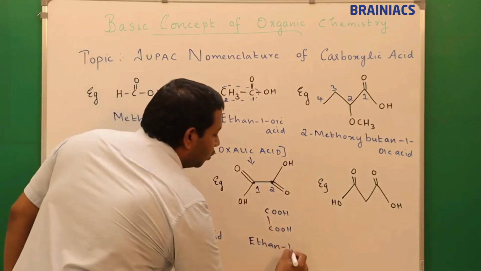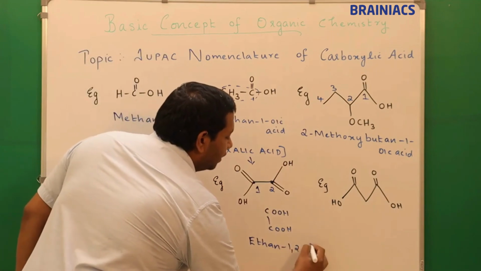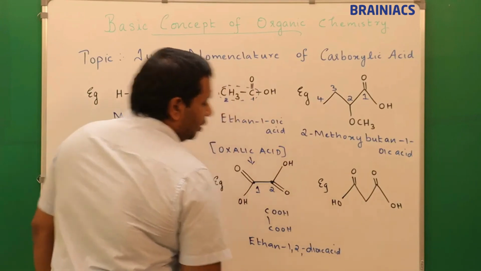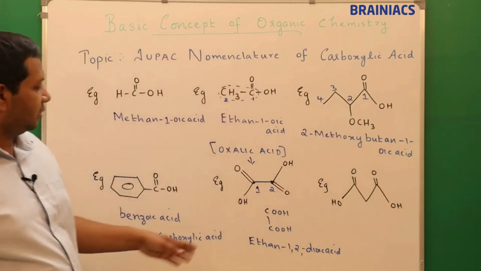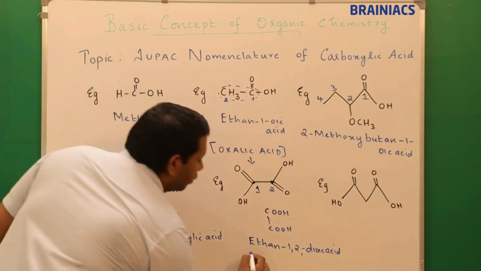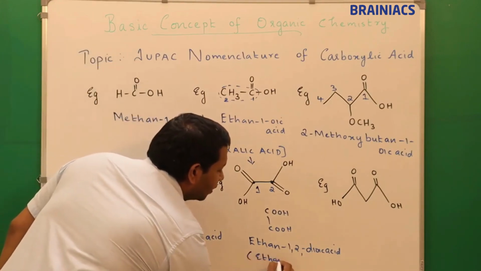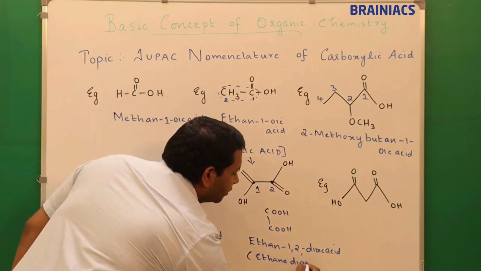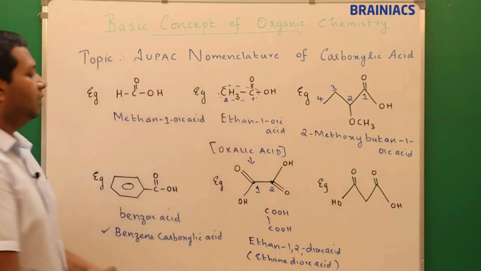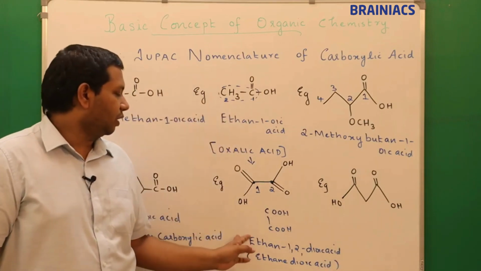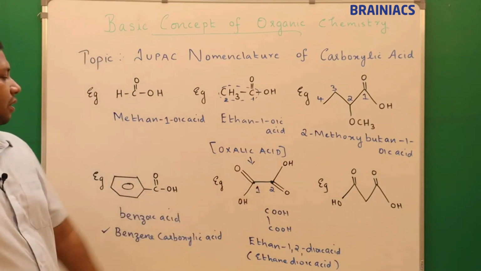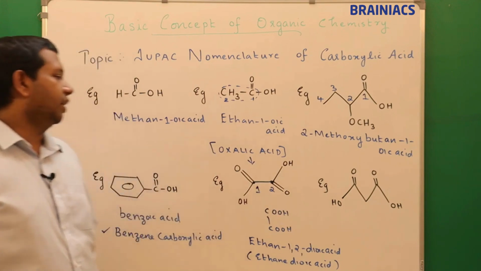So I can use 1,2-dioic acid. Ethane 1,2-dioic acid is more correct, and sometimes they also use ethane dioic acid. This is also widely accepted. So more correct is ethane 1,2-dioic acid, but ethane dioic acid is also correct.